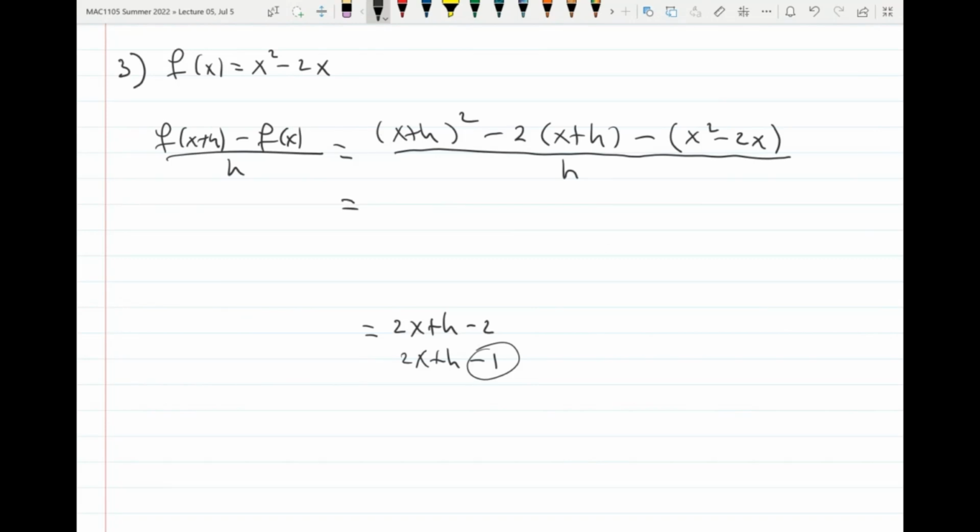Okay, so let's clean this up. That would be x squared plus 2xh plus h squared, then minus 2x minus 2h, then minus x squared plus 2x, all over h. Everybody okay?